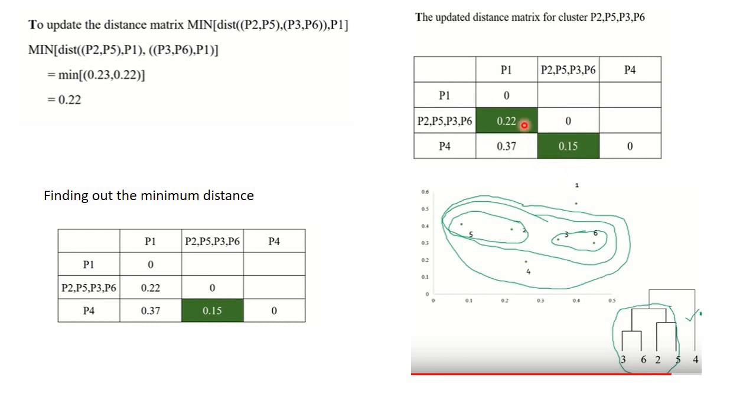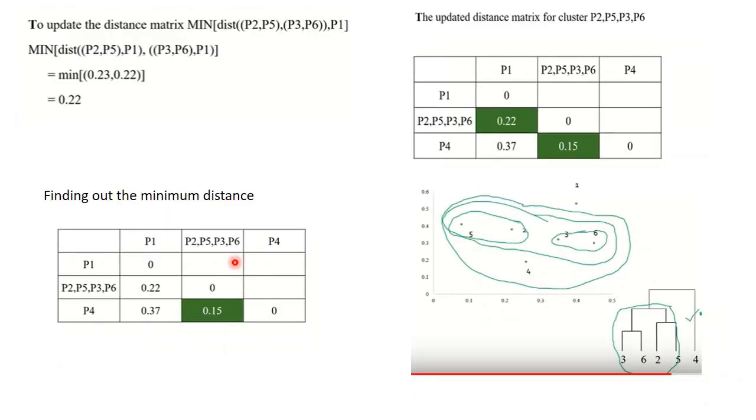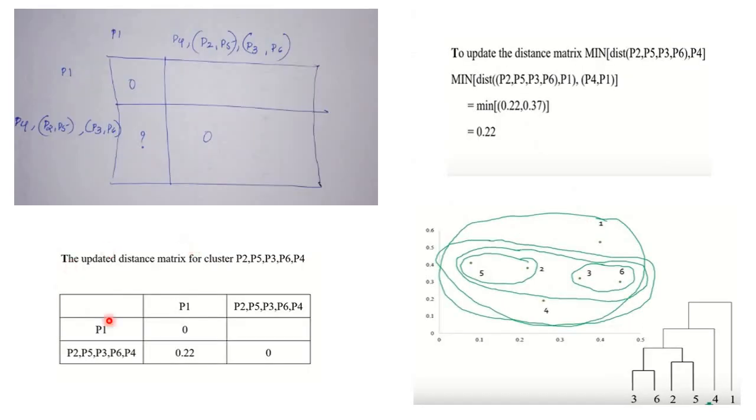Next, once again, I have to see which among these is smaller. So 0.15 is smaller. So I can combine. So what I've done here is that I have combined P4 with this cluster, and I have shown it here. And what should come here?